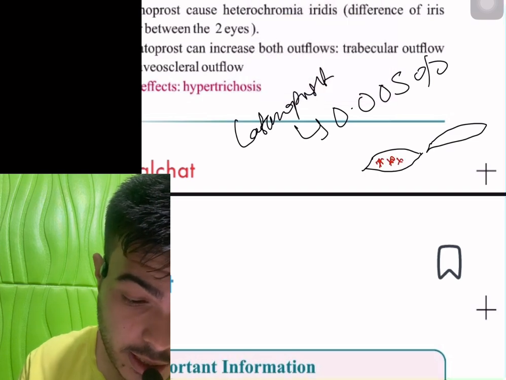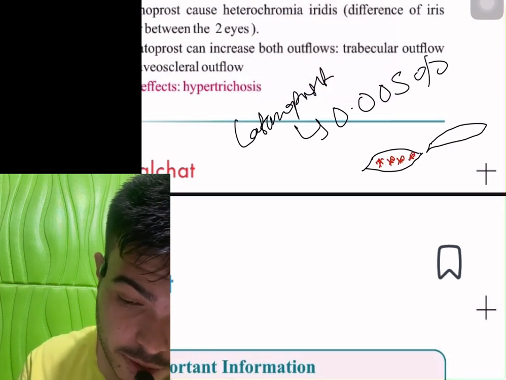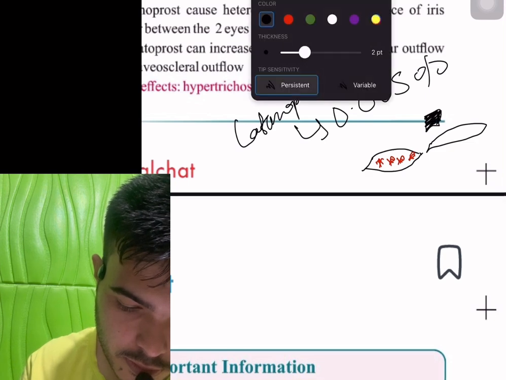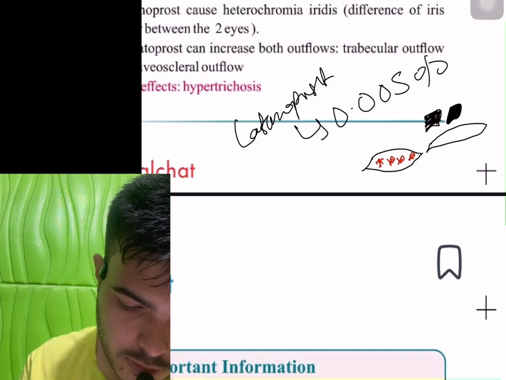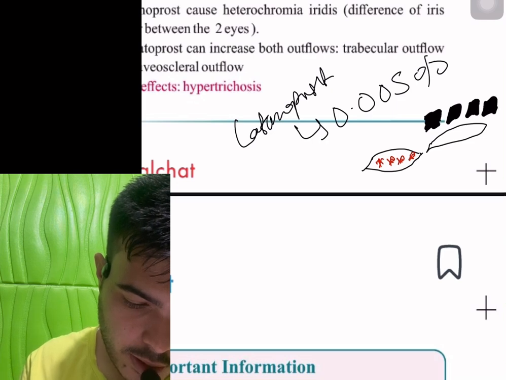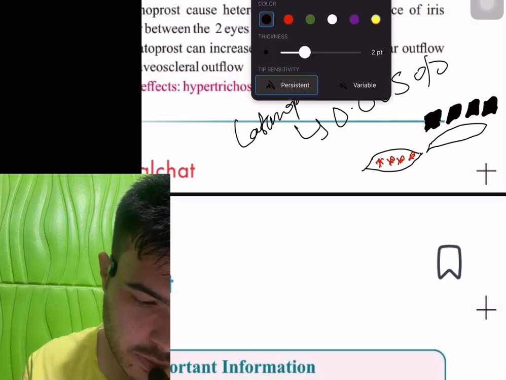And again with the black color, you just make this like this. And over here we'll make it like this.